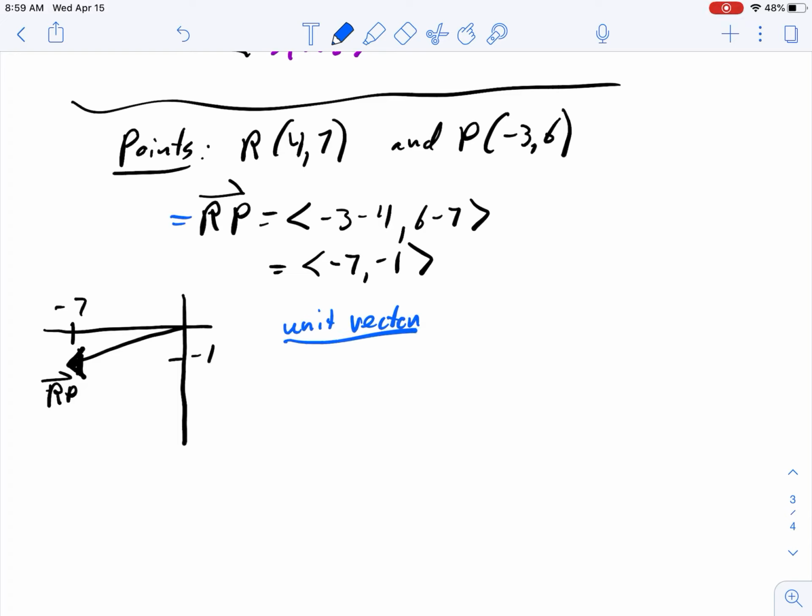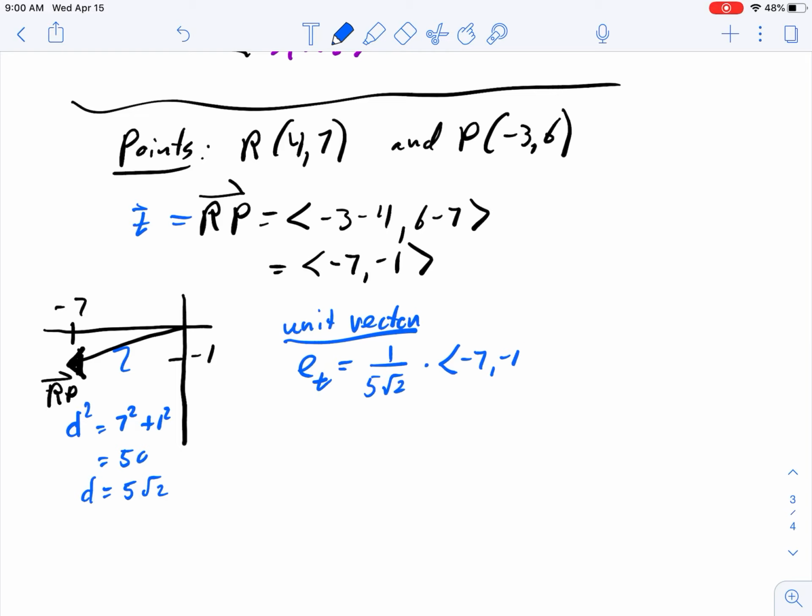Let's keep it simple here and call this t. So this is going to be e of t. So what's my magnitude of this? Well, d squared equals 7 squared plus 1 squared. So we got 49, 50. So d would be 5 root 2. So take 1 over 5 root 2 and multiply by negative 7, negative 1. And there's my unit vector.